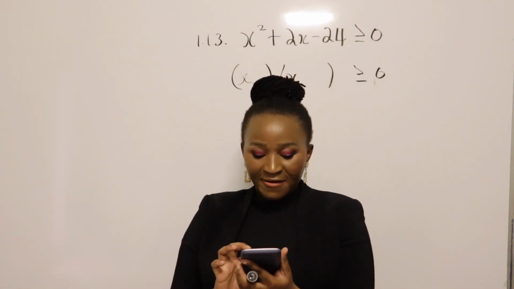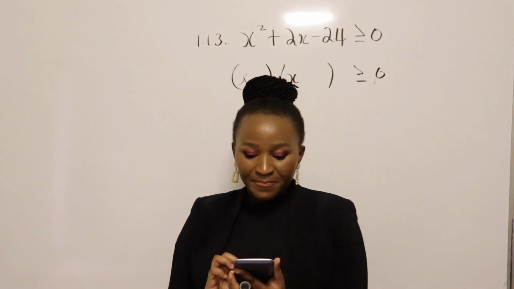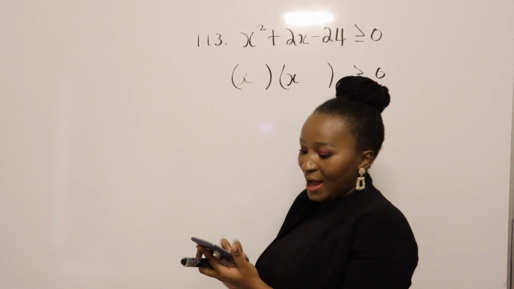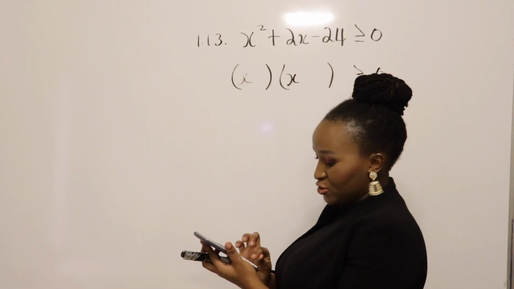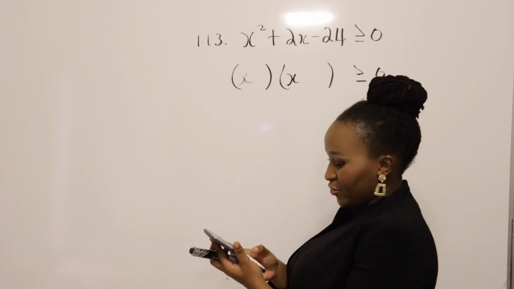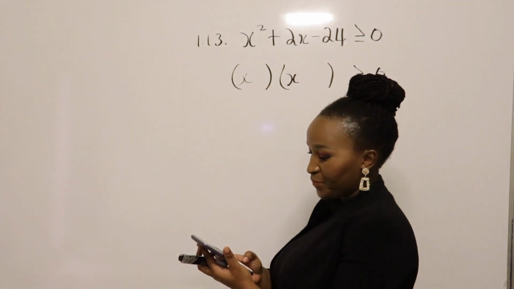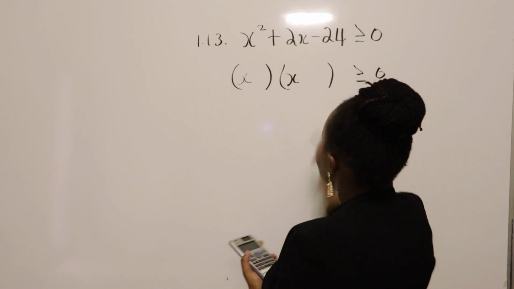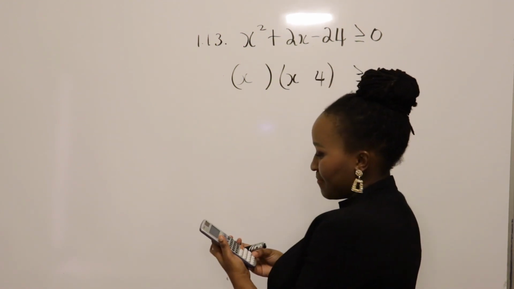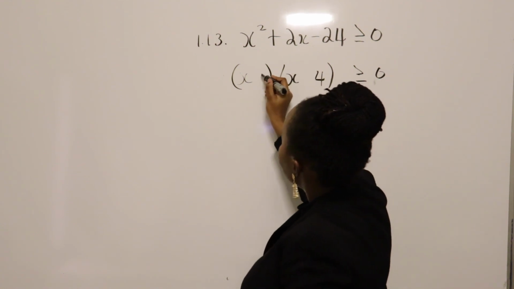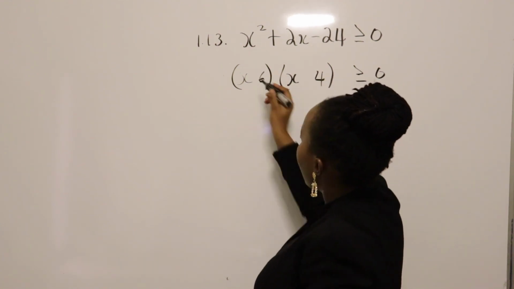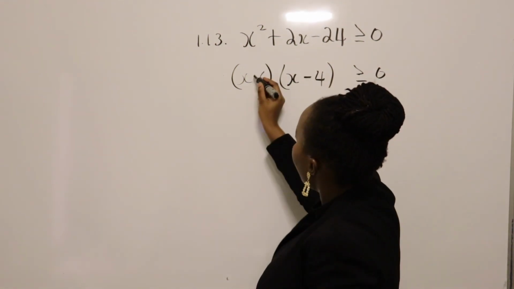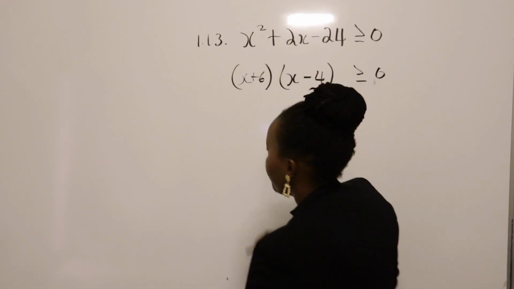Mode 5-3. The first value is 1, the second value is 2, and the third value is minus 24, right? So this will give me my first x as 4, and my second x as minus 6. So I'll write minus 4 plus 6.